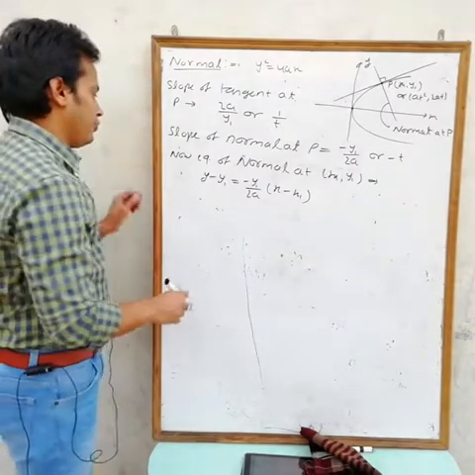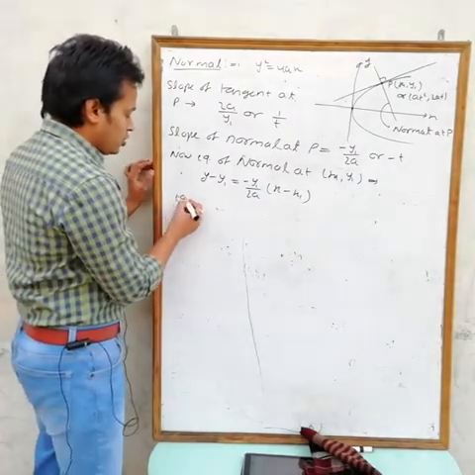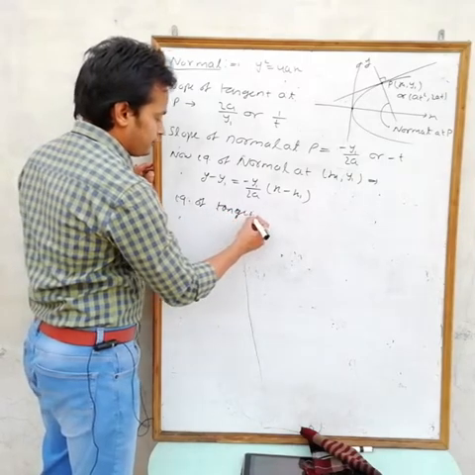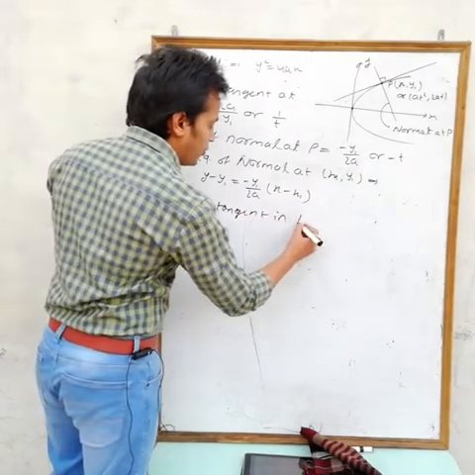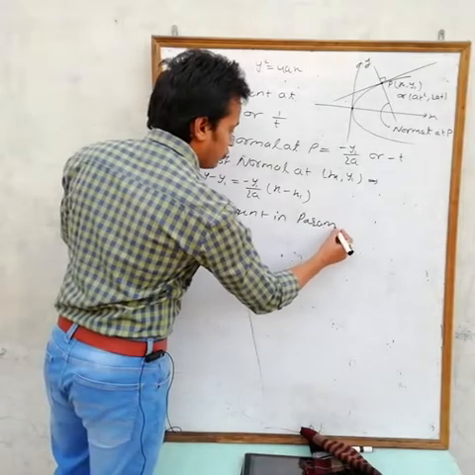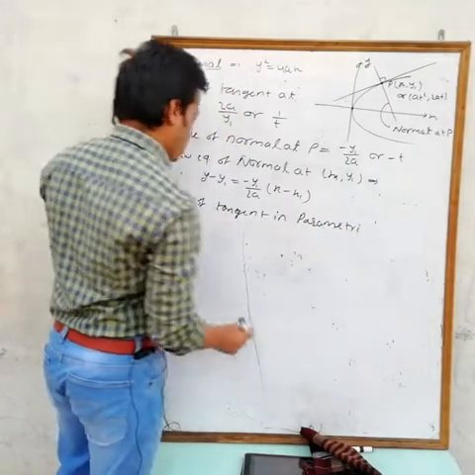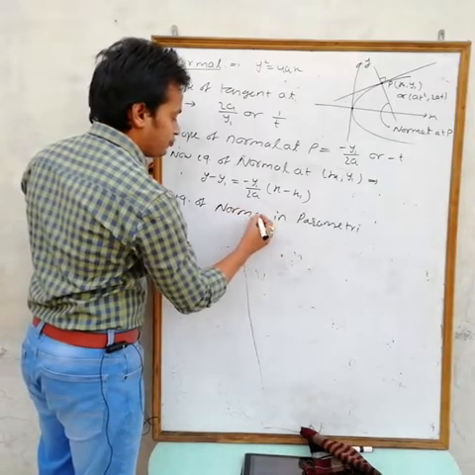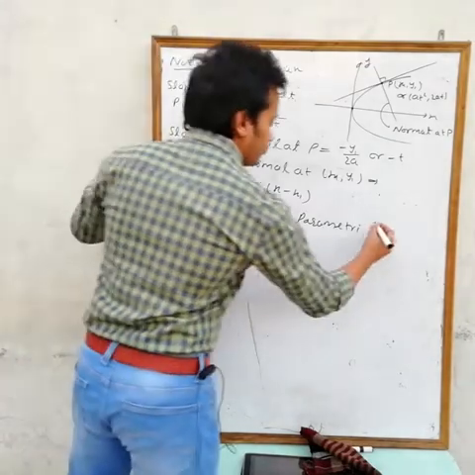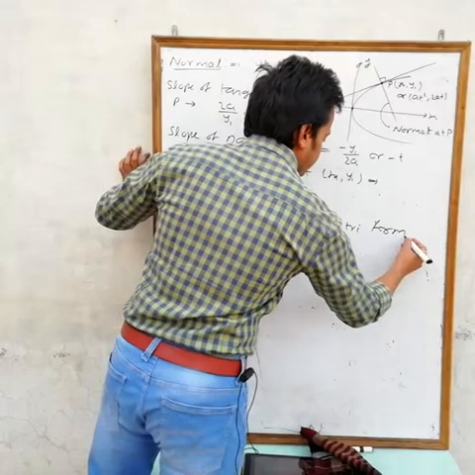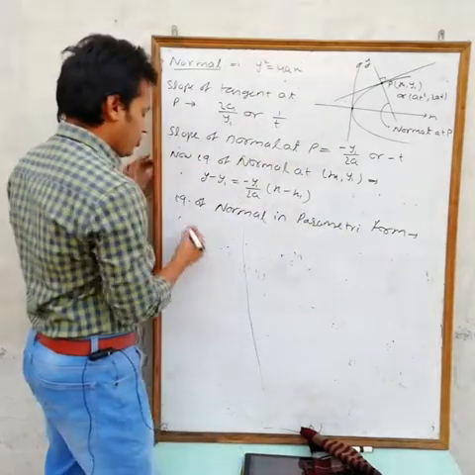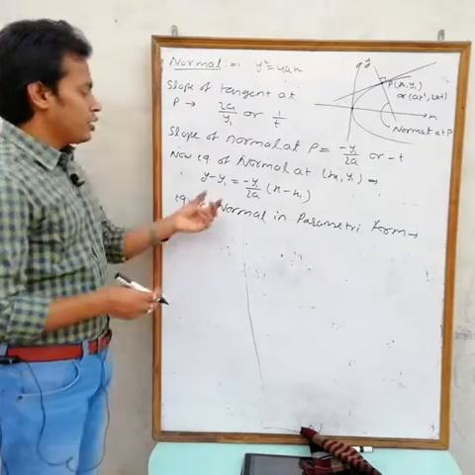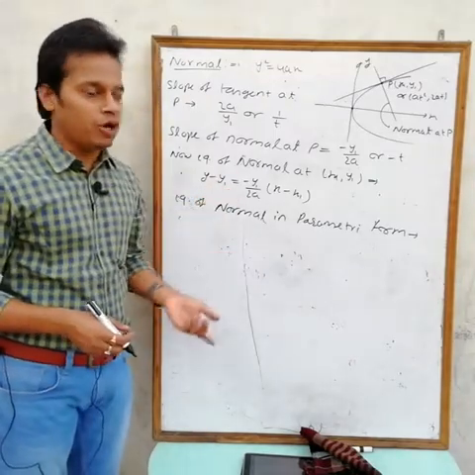Now equation of normal in parametric form. Then just a simple thing, convert this into parametric form. How to convert?